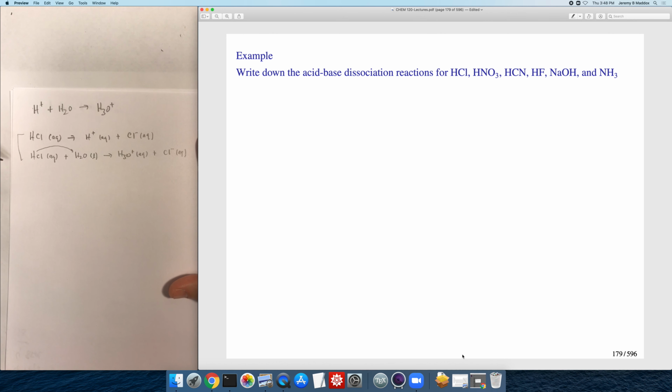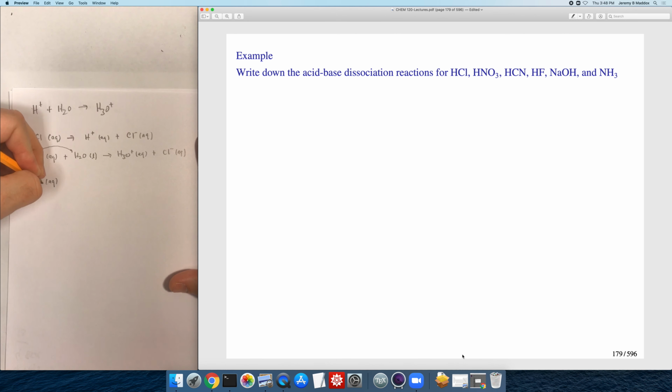We've already seen the reactions for nitric acid, so I'm going to skip that one. And I'm going to go into this weak acid, this hydrocyanic acid. I'm going to go ahead and just focus exclusively on the proton transfer reaction here. I prefer that.